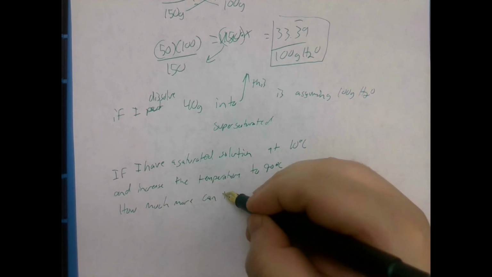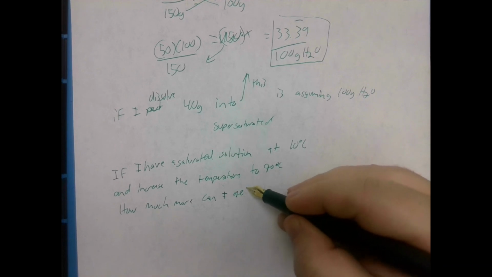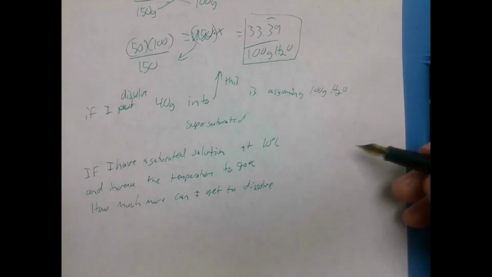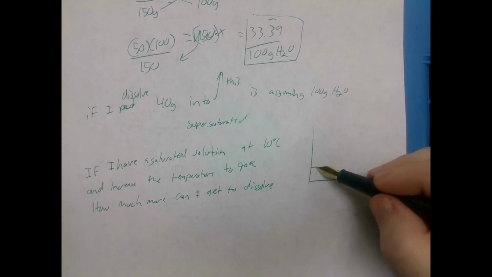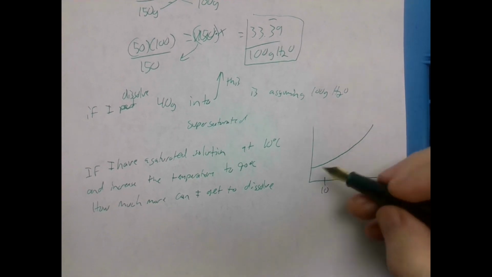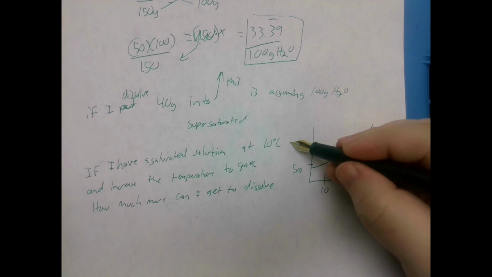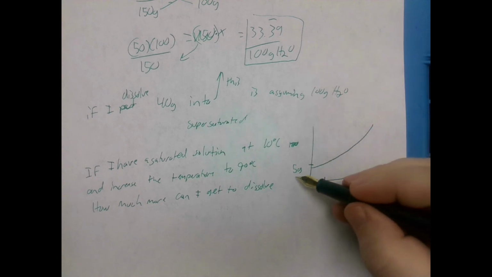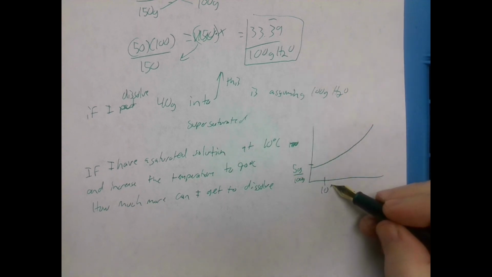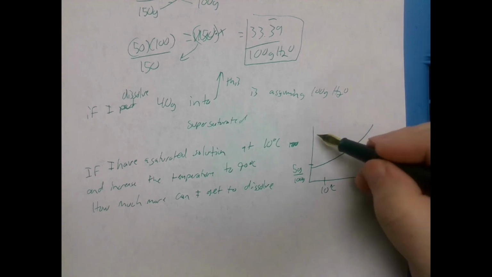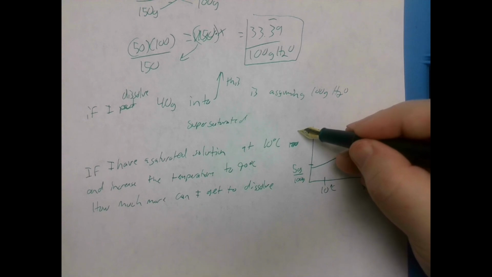How much more can I get to dissolve? So if it looks like this, at 10 it's 5 grams per 100. And increase it to 90, and it's at 55 grams here.